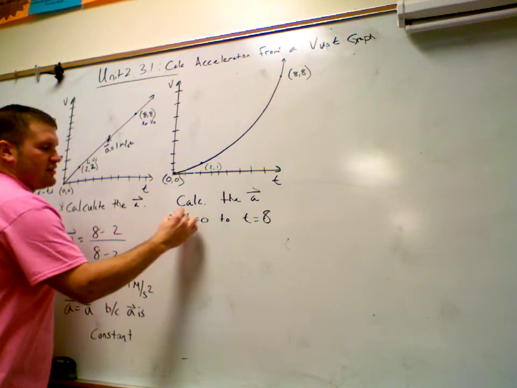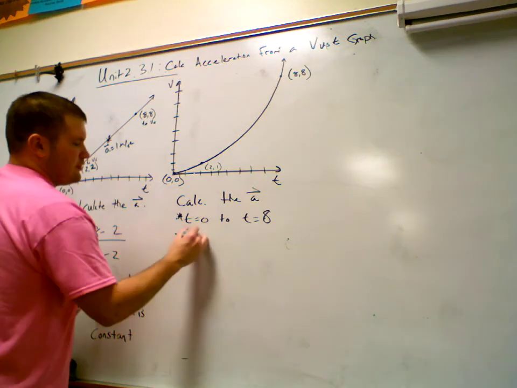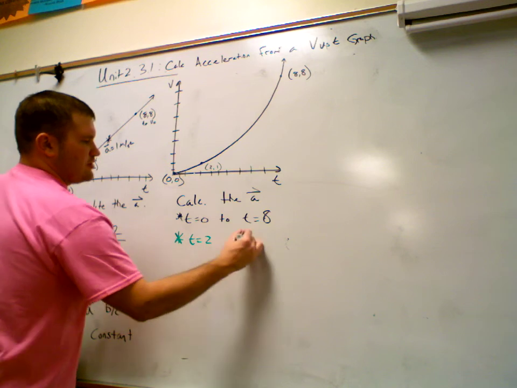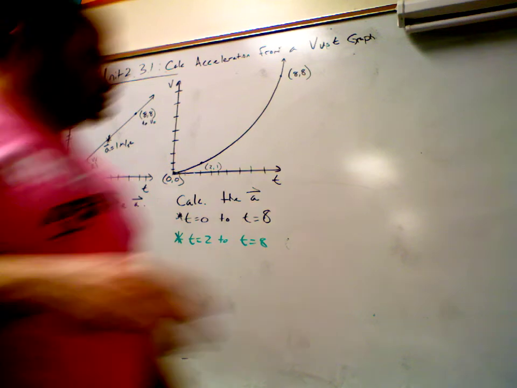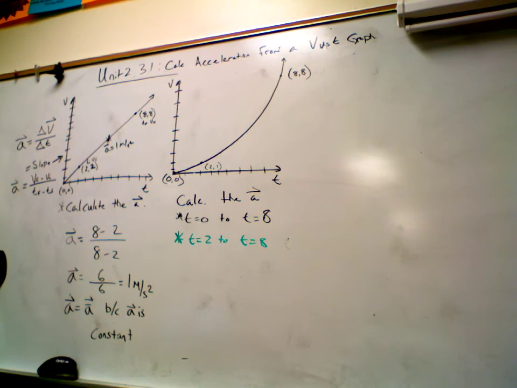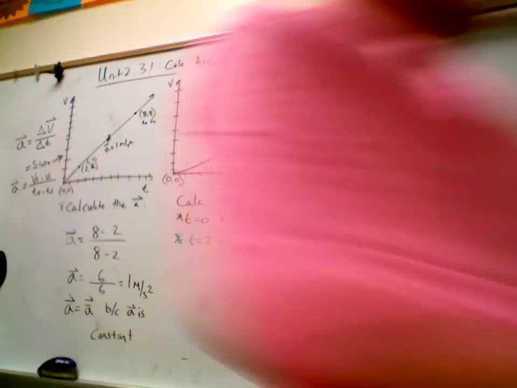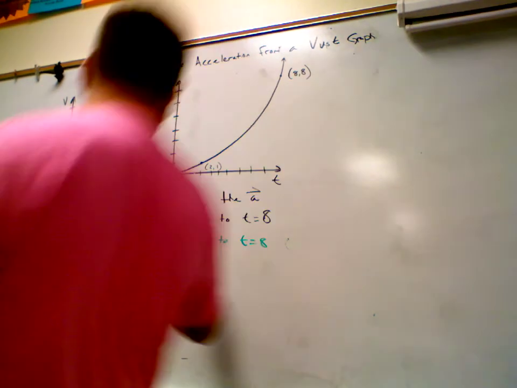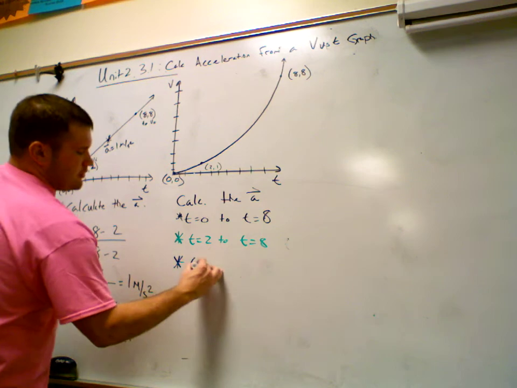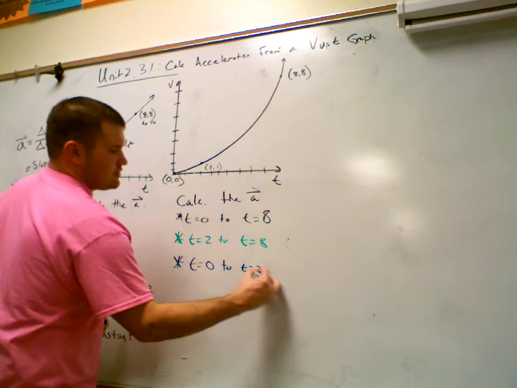Could you guys calculate this one? Could you do t equals 2 to t equals 8? What's the other one we could do? From t equals 0 to t equals 2.